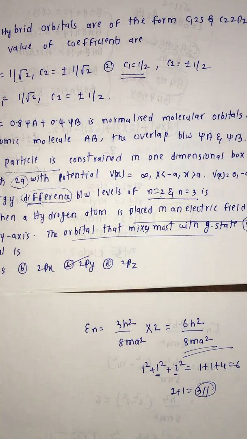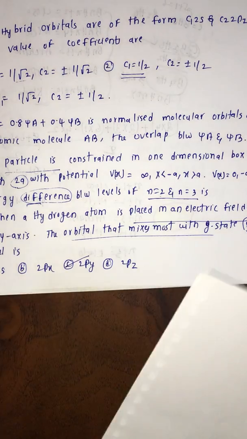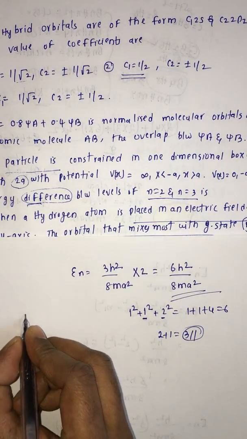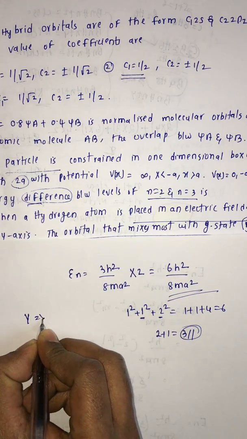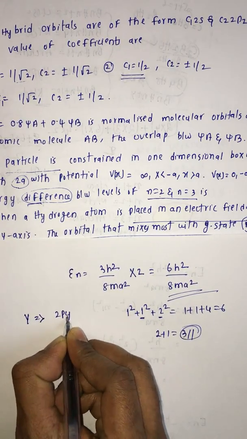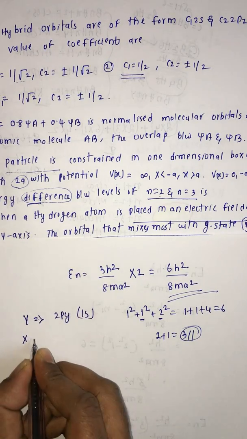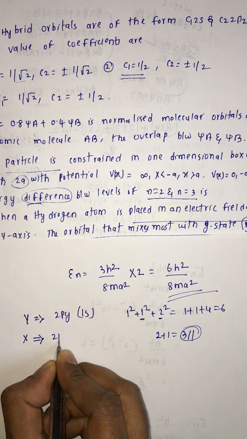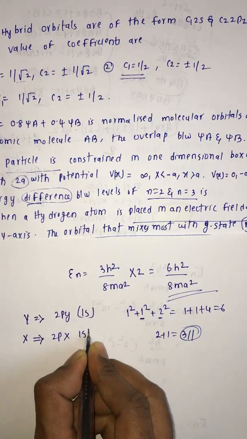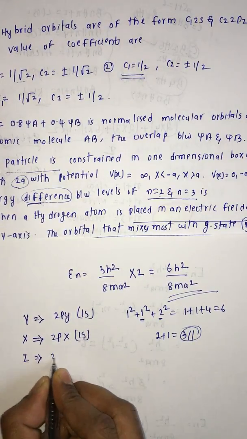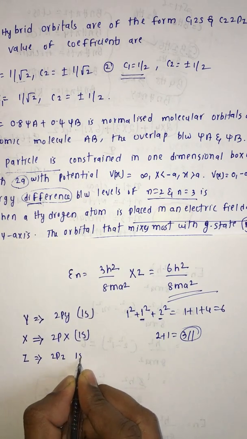Here also I am not going to explain the answer, just remember that if they place it along the y-axis, the 2py orbital mixes most with the 1s orbital. If they place it along the x-axis, the 2px orbital mixes most with the 1s orbital. If they place it along the z-axis, then the 2pz orbital mixes with the 1s orbital.